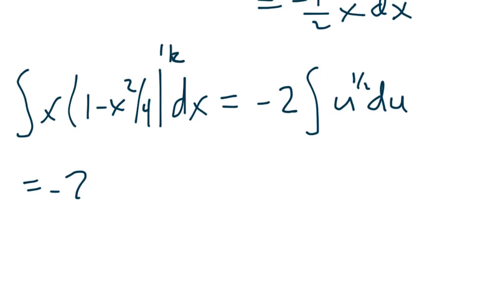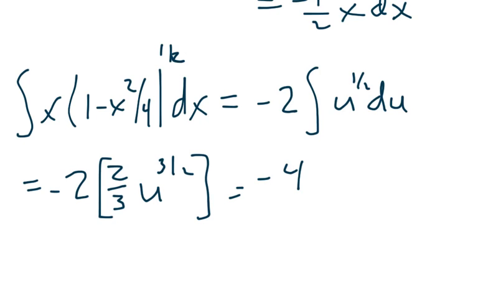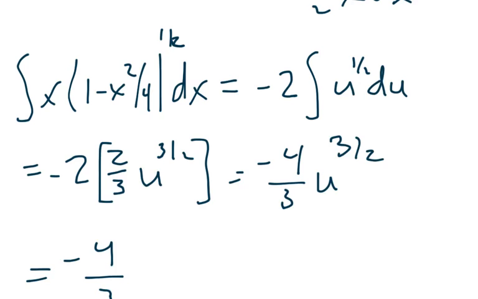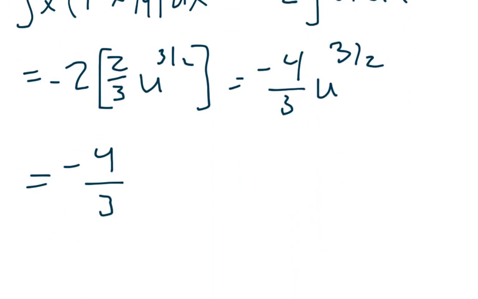Well, this is going to be minus 2 times u to the 3/2 times 2/3, which is going to be minus 4 over 3 u to the 3/2. If we plug back in for u, which is 1 minus x squared over 4, this is going to be to the 3/2.